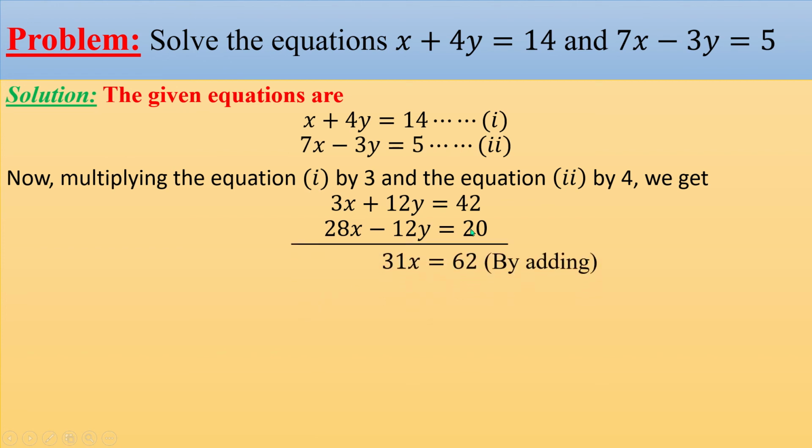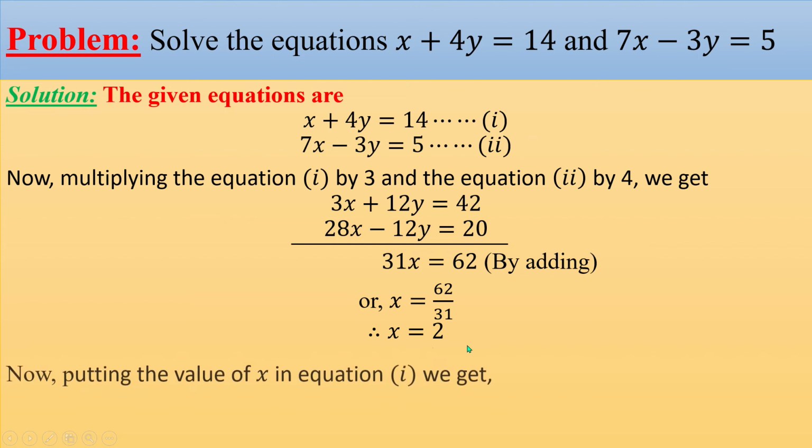Now by adding, 31x is equal to 62, or x is equal to 62 by 31, therefore x is equal to 2.